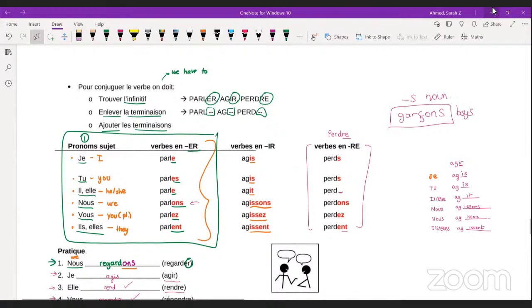Okay, so let's see. Oops, wrong document. Placement. I'm going to open a new tab, download it.